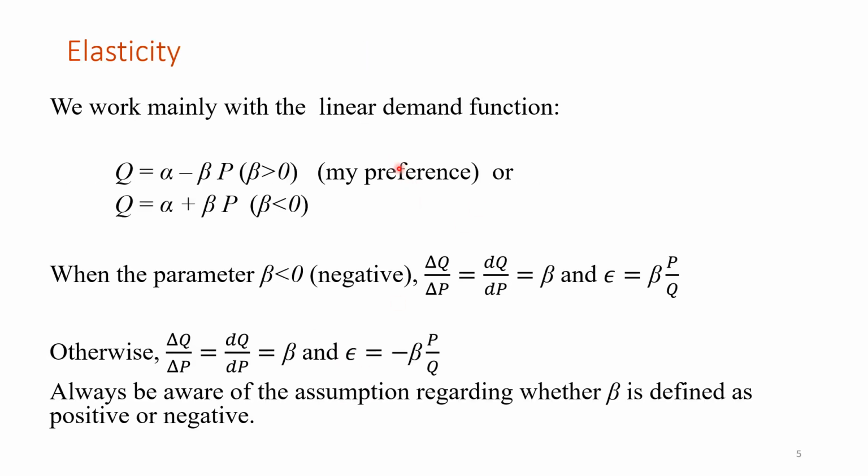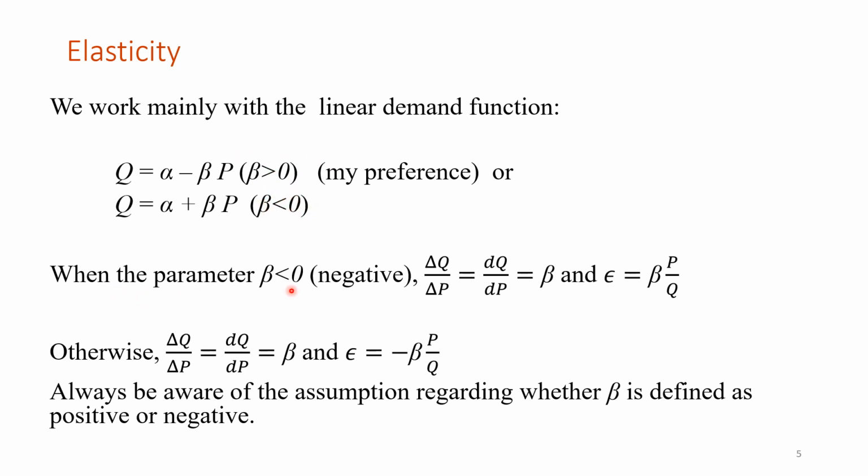So we work mainly with the linear demand function, and I prefer to write the linear demand function so that beta is positive and alpha is positive. So we have Q equals alpha minus beta P. Now some write it in this way. My colleague at UBC writes it this way. I prefer my way because he then has beta less than 0.